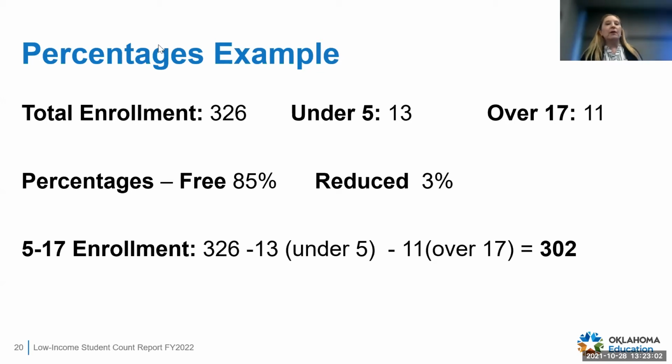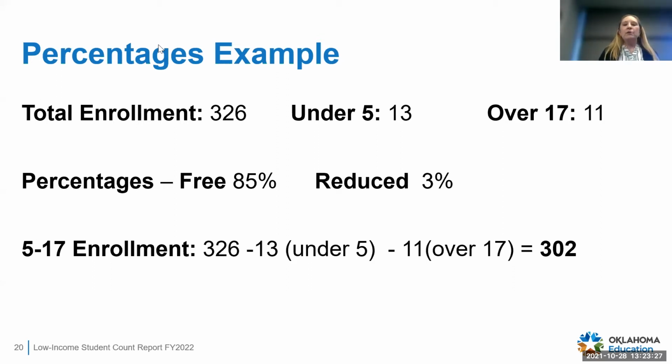All right, so we're moving on. Okay, so our example. In this example, this is more for a provision 2 or 3. CEP works pretty much the same way, only you just do away with the reduced category. So if your enrollment's 326, you're going to look at your kids that are there at your school right now, and you're going to figure out which of those babies are under 5.